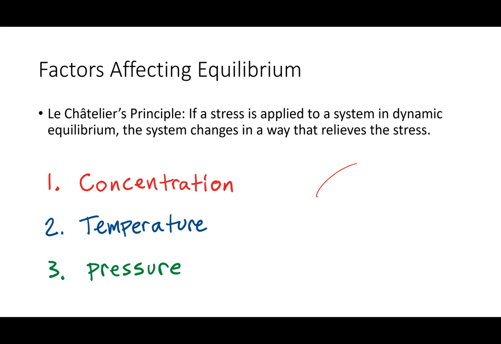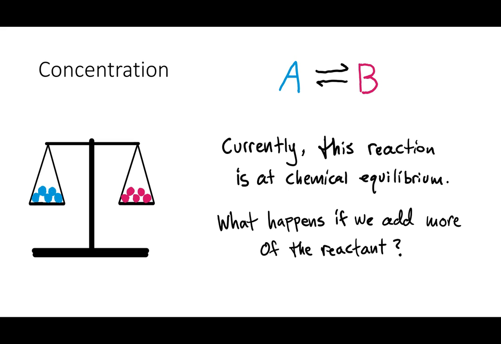So if you add a stress to the system, it will react in such a way to relieve the stress. Okay, and these three things are concentration, temperature, and pressure. Let's discuss each of these individually, starting with concentration.